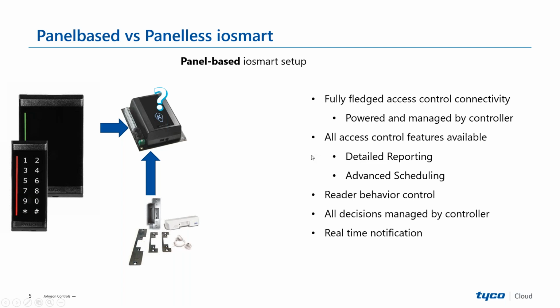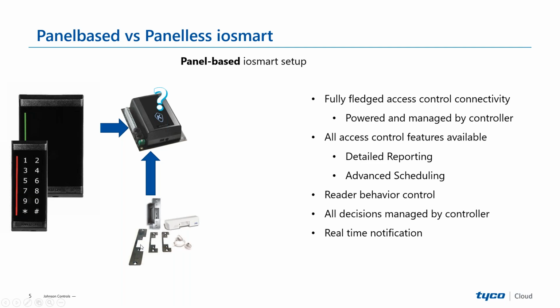A panel-based installation is more of a traditional installation where you have your ioSmart readers attached to a controller, and this controller is Wiegand or RS-485, and then the controller decides everything and unlocks the door. It is a purely standard access control door.